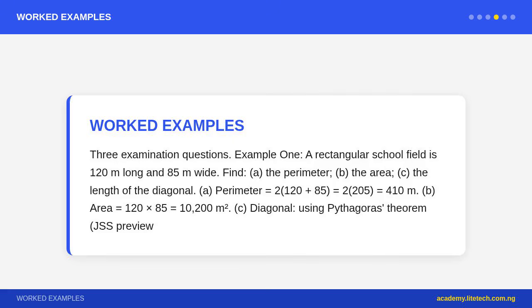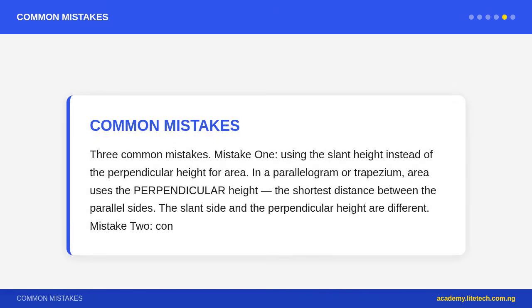Example 2. A trapezium has parallel sides of 8 cm and 14 cm, and a perpendicular height of 6 cm. Find the area. Area equals 1/2 (8 plus 14) times 6 equals 1/2 times 22 times 6 equals 1/2 times 132 equals 66 square centimeters. Example 3. A circle has a radius of 7 cm. Find A, the circumference, B, the area.